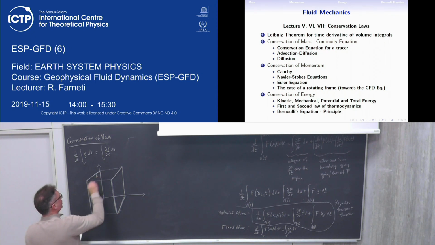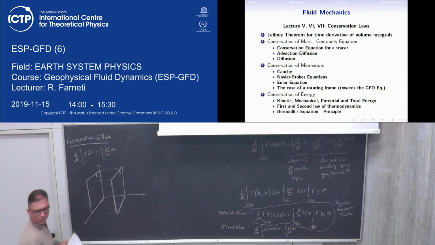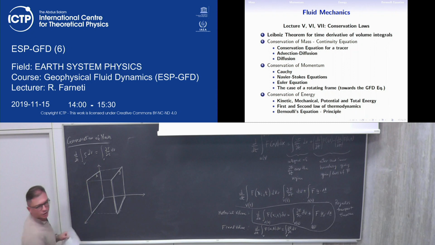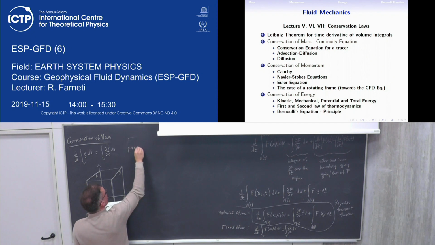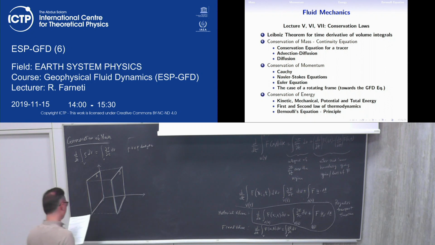So I have this surface A on this side of the volume and this surface B on the other side of the volume. And this volume over which I'm integrating is not moving, it's fixed in time. So the changes in my mass integrated over the volume are just the changes in mass integrated over the volume. So we're going to look at mass: rho times v, so rho dx dy dz.